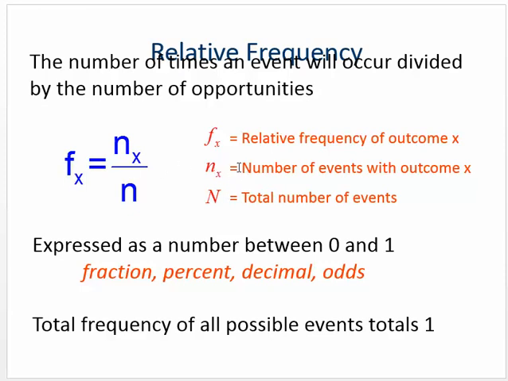N of X, the number of events with outcome X, over the total number of events. The reason I say we're talking about experimental probability here is because we're talking about events and outcomes. Again, it's going to be expressed as a number between 0 and 1, and a lot of times we're going to give it as a fraction or as a percent.